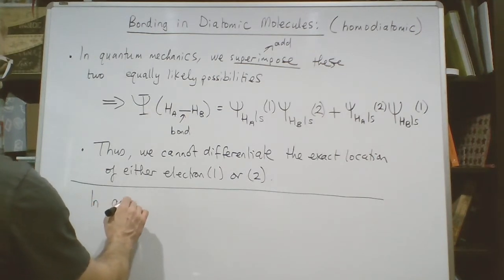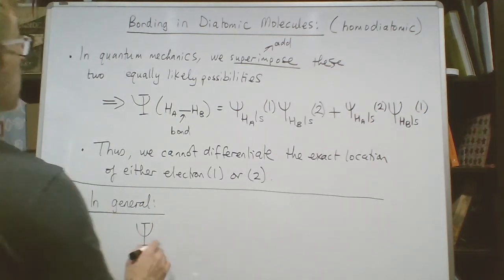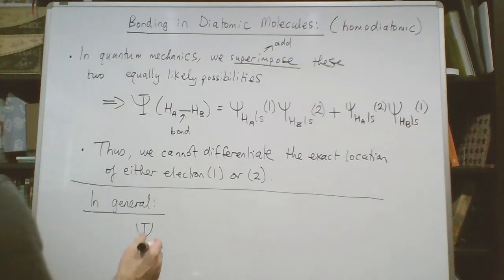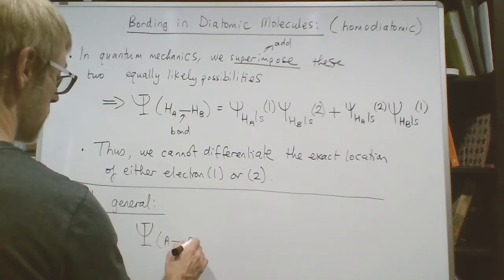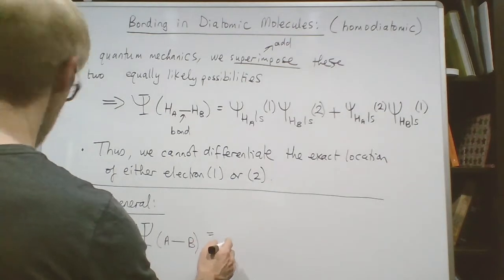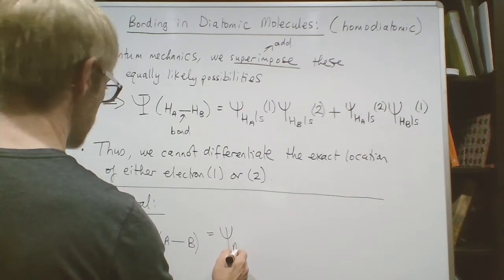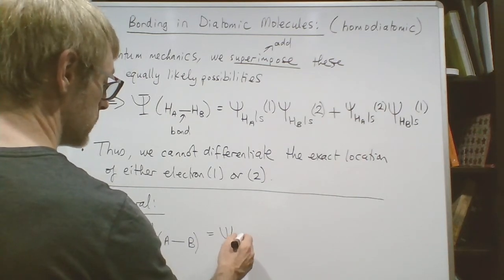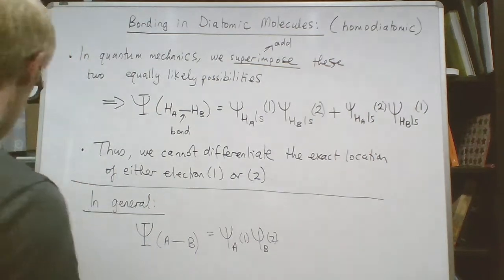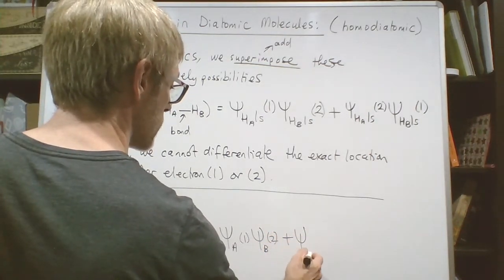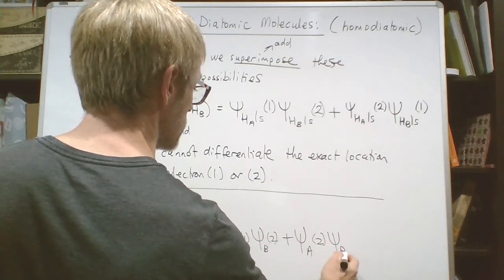So in general, we have the overall wave function for a homodiatomic molecule, which let's say is A and B, is just the wave function of A for particle 1, the wave function for B, particle 2 here, the particle is an electron, plus the wave function for A with the reverse particles, particle 2, the wave function for B with particle 1.